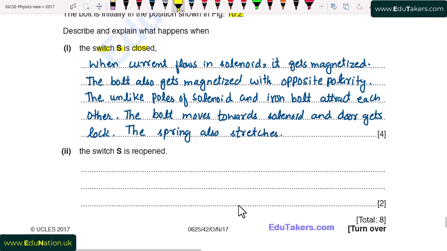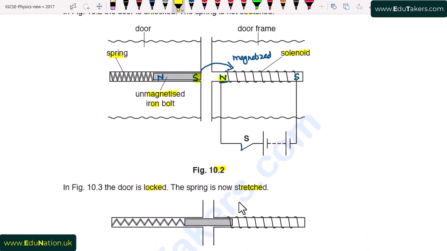Part 2. The switch S is reopened. Now what will happen when the switch S is reopened? Here we can again see in figure 10.2 that there is a switch and it is closed. Now we reopen this switch, then the current passing through the solenoid will be zero.